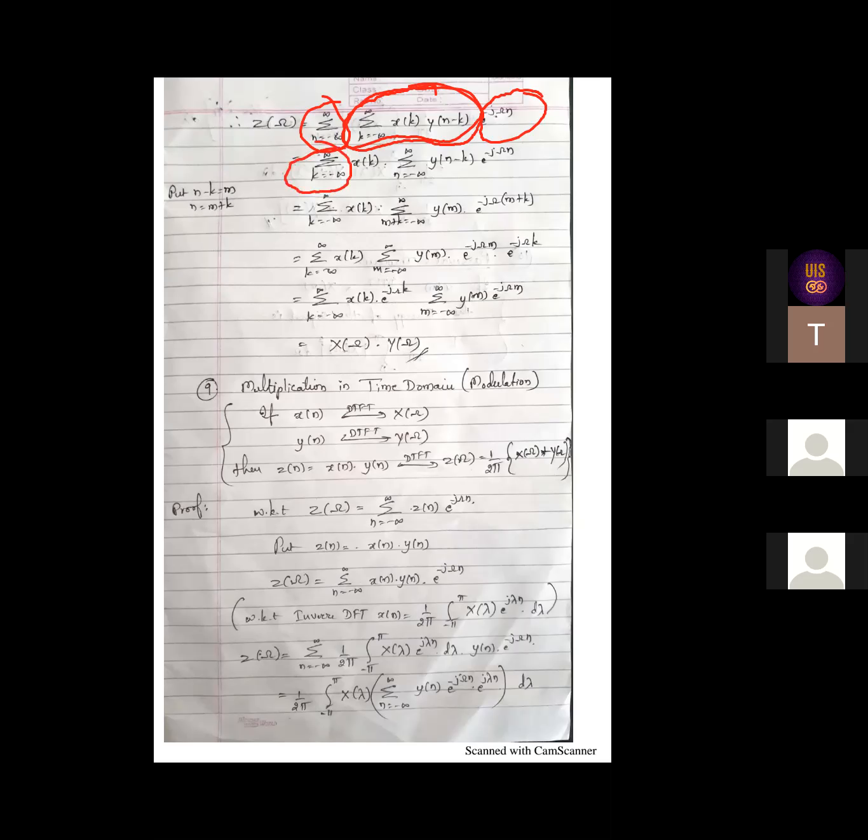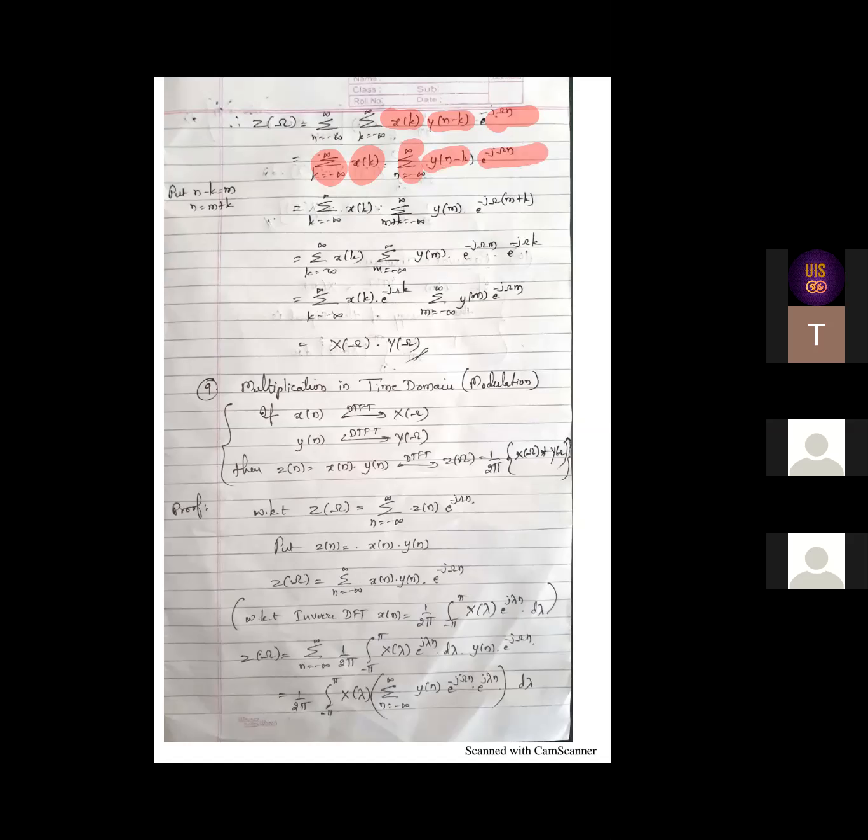If you observe, you have x of k, y of n minus k, and the exponential. Three terms are there, out of which for k I can use only x of k, because the remaining two terms have both n and k. That's why for the second summation I will use the exponential term and y of n minus k.